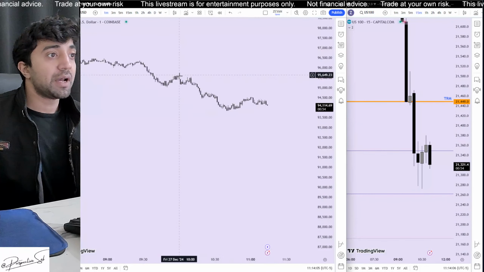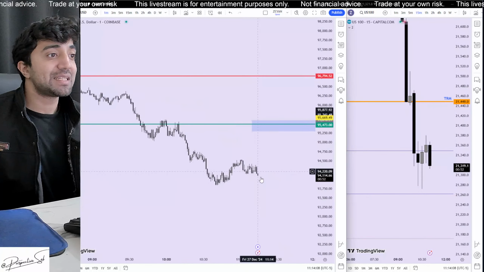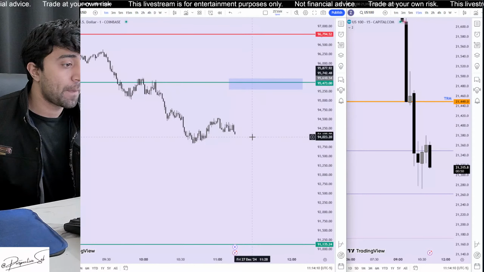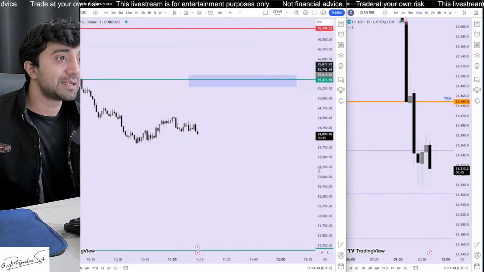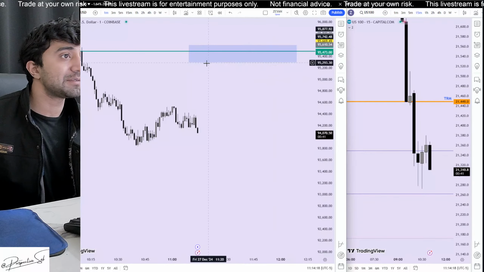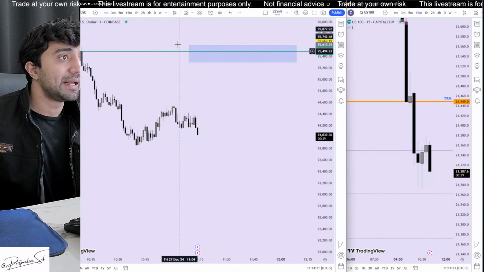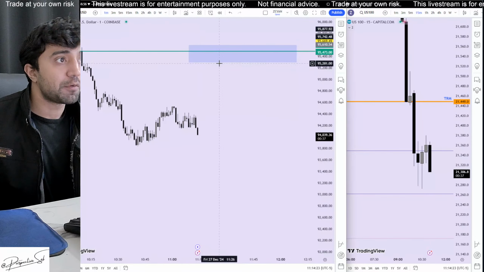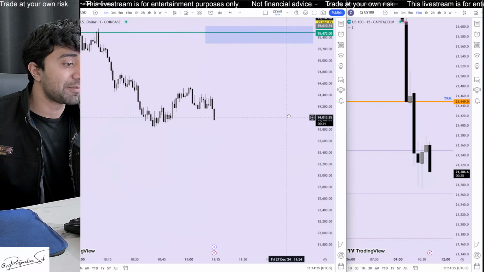Okay, so now come to the 1 minute time frame. We are coming back to the 1 minute time frame. We are looking at this specific price as a reference point for the downtrend in the smaller time frame.